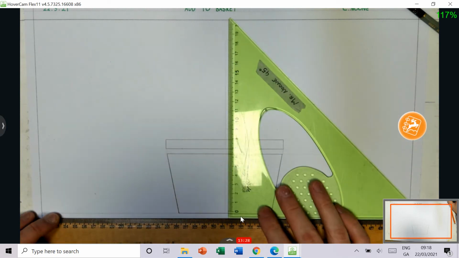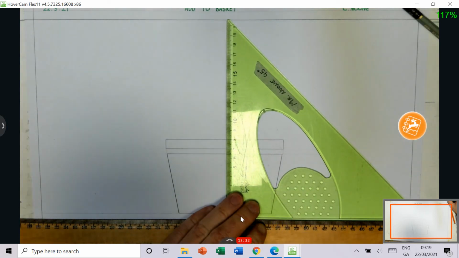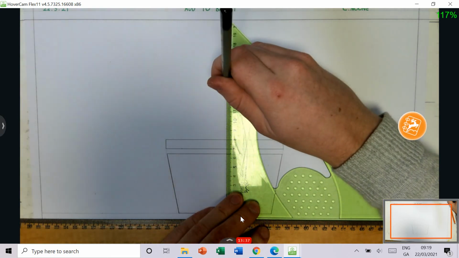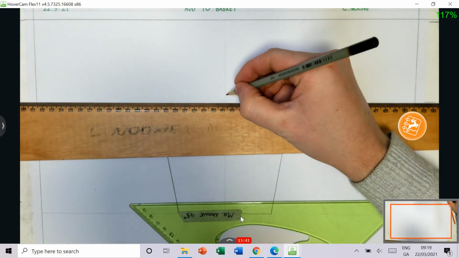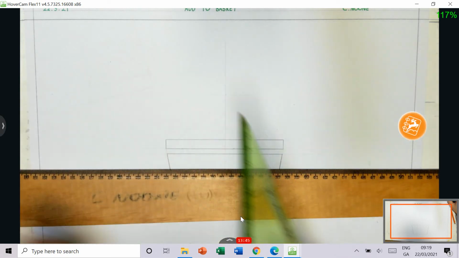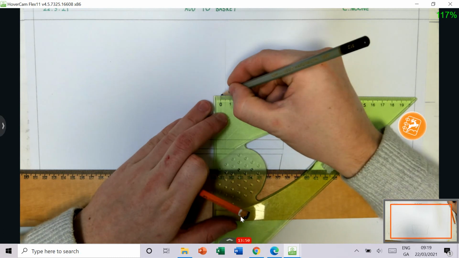Okay, so as I said, I'm going to measure up 48 mil. So 10, 20, 30, 40, and 8. And I'm just going to draw a construction line like that. And I'm going to measure 5 mil to the left and 5 mil to the right. I'm just going to mark them.